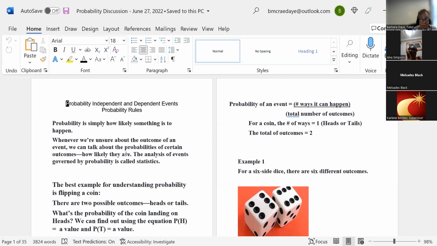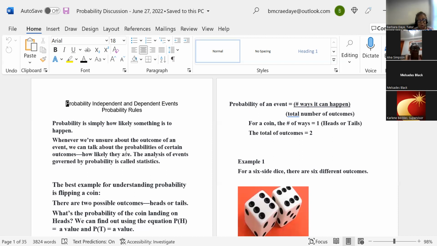We call that your outcomes, the number of outcomes. It's only two, heads or tails, right? Can they happen together? No, it's either one or the other.